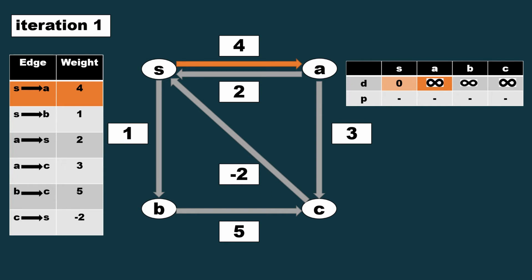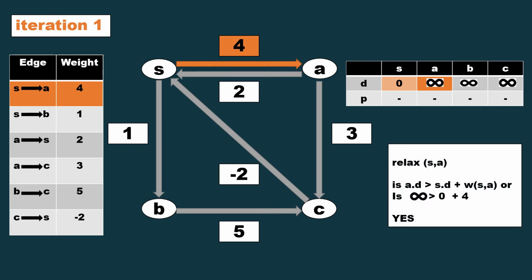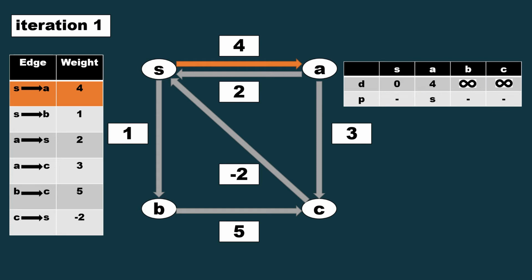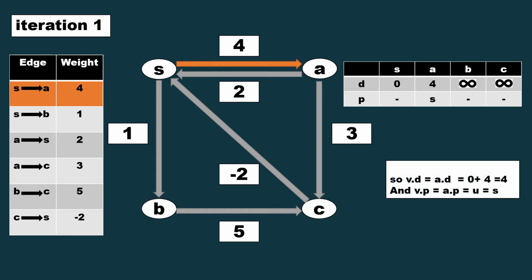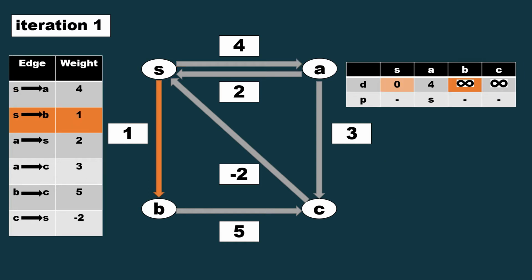Proceed to the first edge. Relax SA. Is infinity greater than 0 plus 4? Yes. And then update. Vertex A in distance has now the value of 4 and the predecessor of S. Proceed to the next edge.